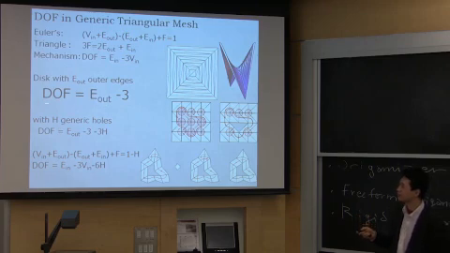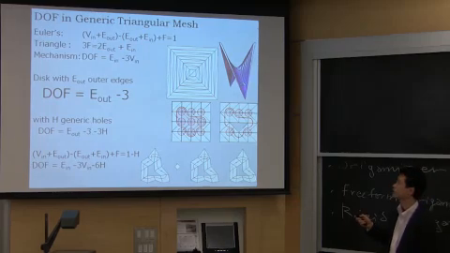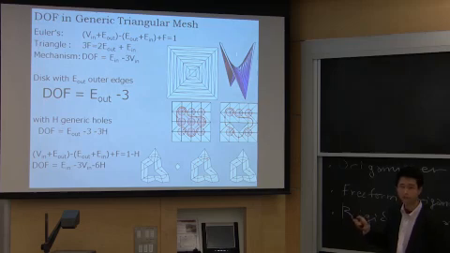produces a degree of freedom which is the number of edges on the boundary minus 3. So, for example, in this hyper triangular model, this gives 1 degree of freedom because the boundary edges are 4.